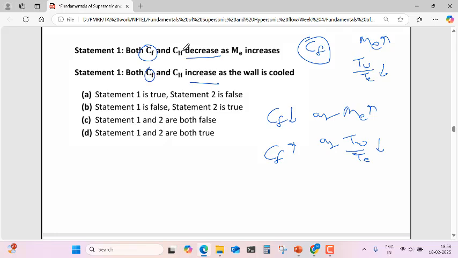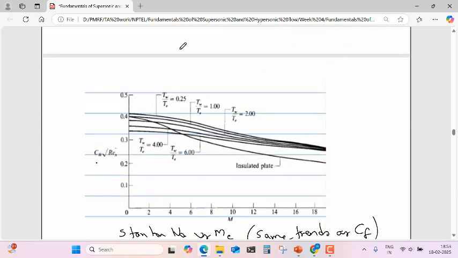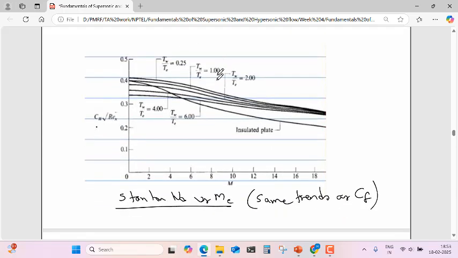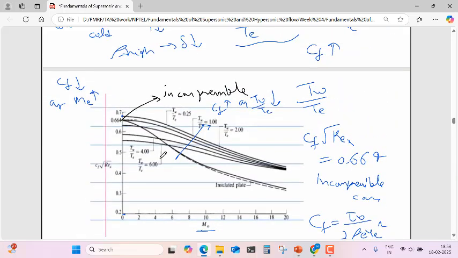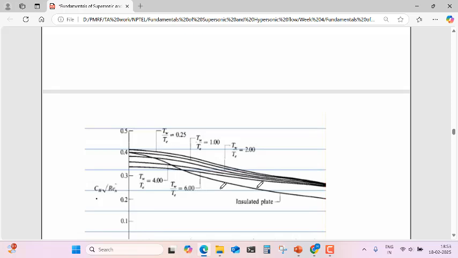You have to see what happened with Ch. This is the plot for Ch under Rex and Mach number. It has almost the same trends as Cf. Cf was decreasing like this, and Ch is also decreasing like this. Only thing is that in Ch the decrease is less than Cf.